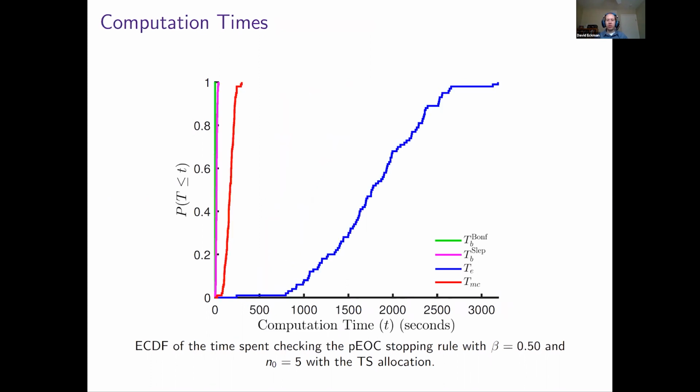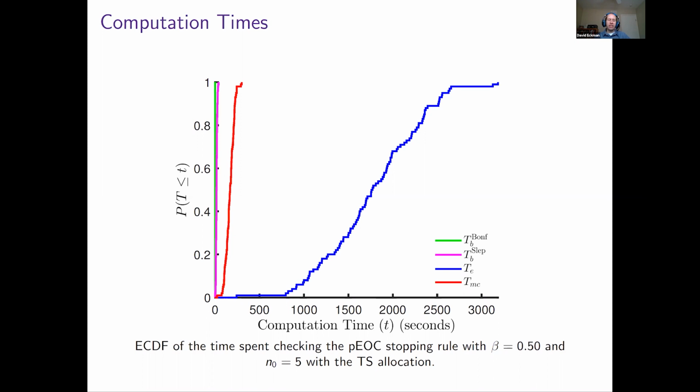And in fact, if we look at it from the perspective of what's the time spent checking the stopping rule, we see that the exact method here adds up to quite a lot of time spent calculating the double integrals. But Monte Carlo pre-check, the red curve there, is able to spend far less time checking the stopping rule, because it only needs to compute the double integral probably a handful of times.